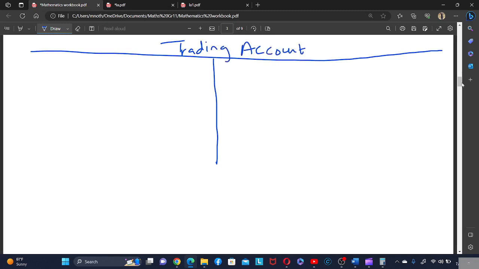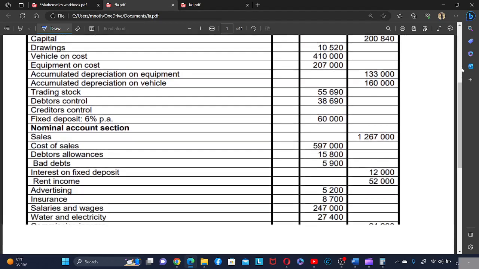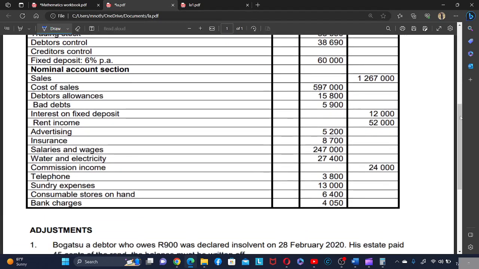When you are doing the trading account, on the debit side, you must have the cost of sales, and then on the credit side, you must have the sales. So now let's go to the trial balance. So we are focusing on the nominal account section.